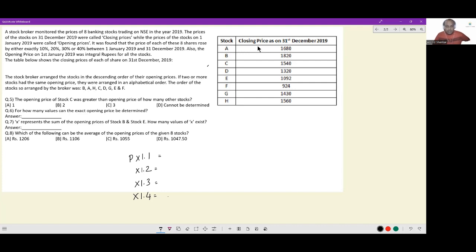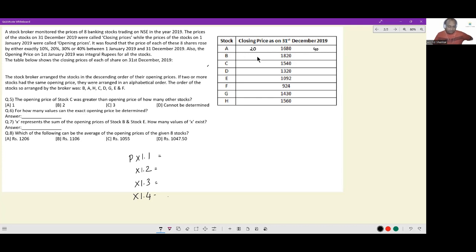See, 1680, is it divisible by 11? No. Is it divisible by 12? Well, yes, 168 is 12 into 14 anyway. So a 20% increase could have taken place. I will write it as probably a 20% increase. A 30% increase, no, it is not a multiple of 13. Or a 40% increase could have taken place.